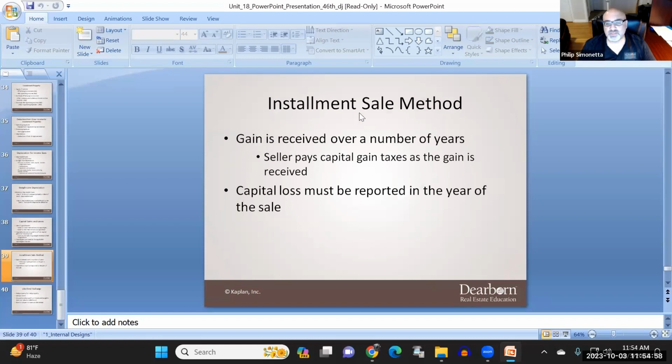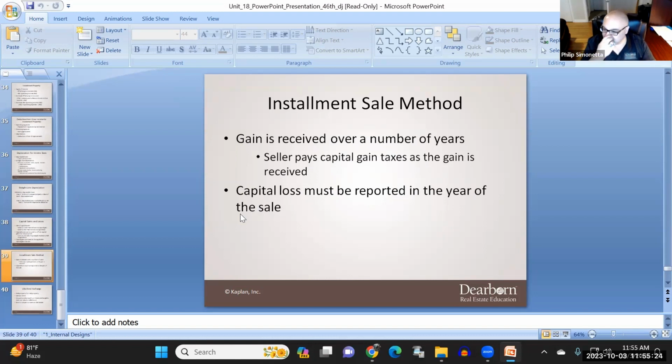Now let's look at the installment sale method. This is when a gain is received over a number of years. A seller pays capital gains as the gain is received. A capital loss must be reported in the year of the sale. So if they lose money, it has to all be reported that year. If they're making money over the years, as they receive it, they report the capital gains.